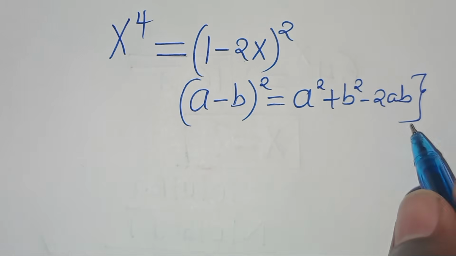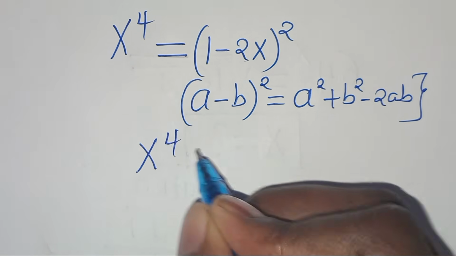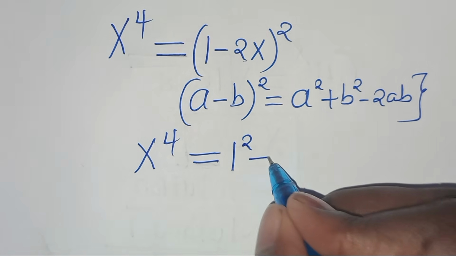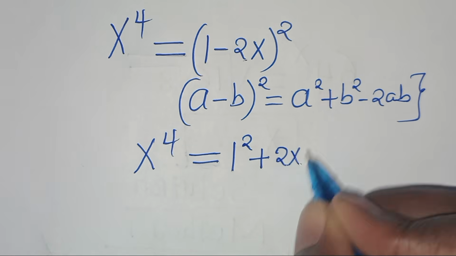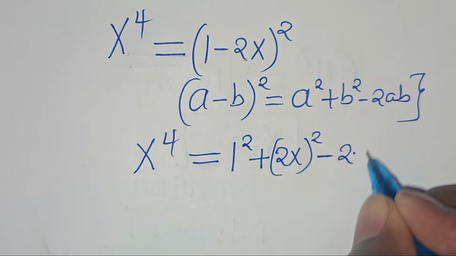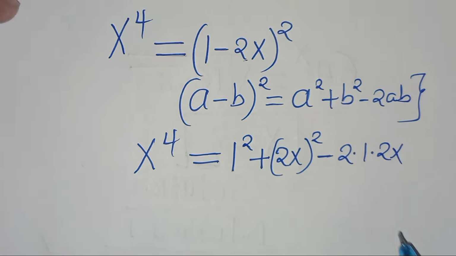Applying this algebraic identity, then we have x to the power of 4. This is equal to 1 to the power of 2, then plus 2x to the power of 2, then minus 2 times 1 times 2x.